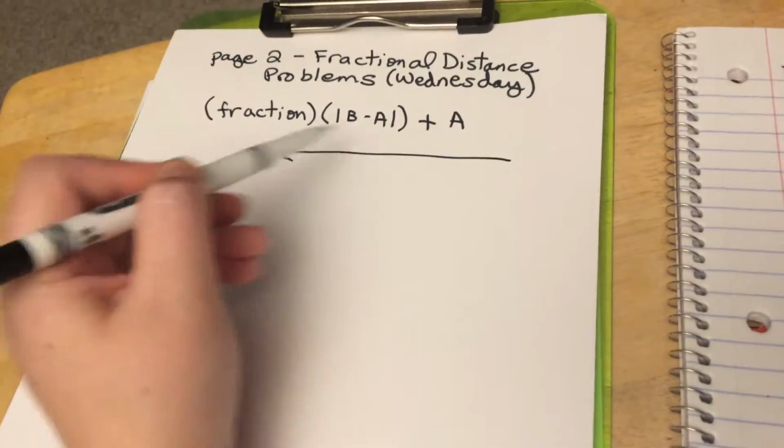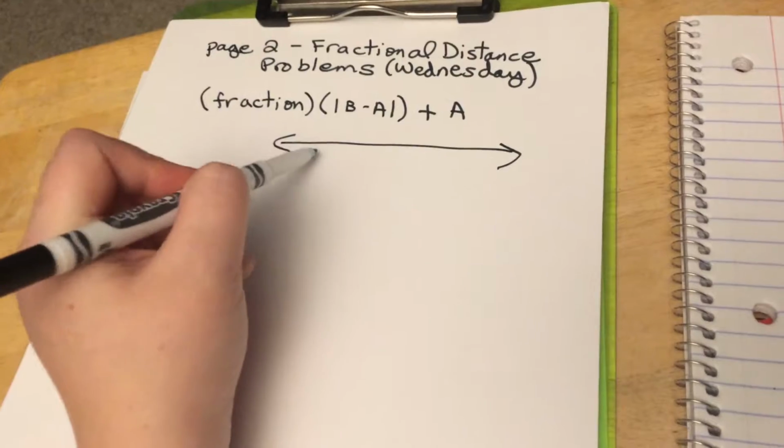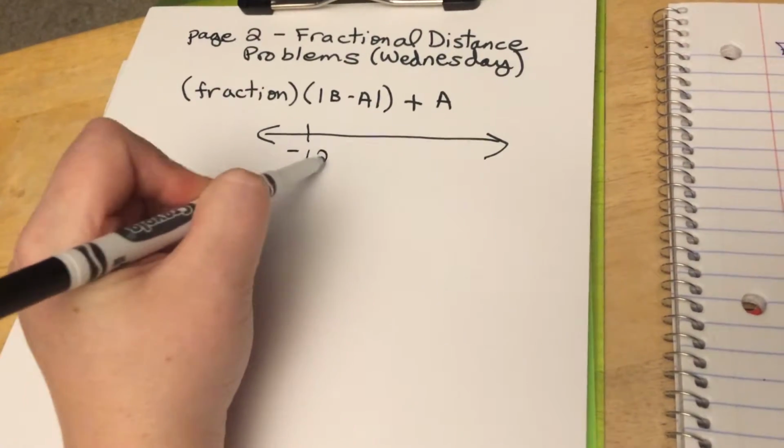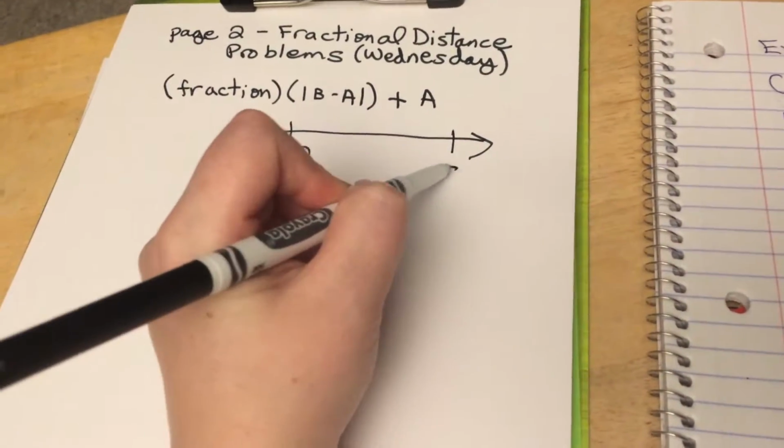So we had a number line, and it went from negative 12 to 8.